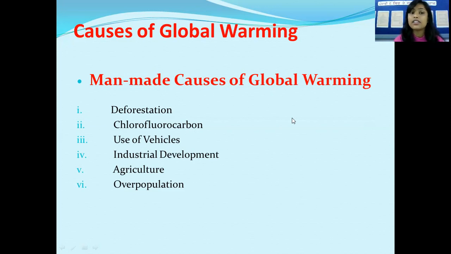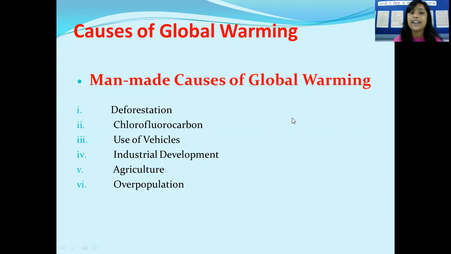Here, first comes deforestation. We are going to split the word deforestation. De means to reduce, and forestation is obviously the forest, right? So the cutting of the forest is known as deforestation. The question arises: how is deforestation causing global warming?